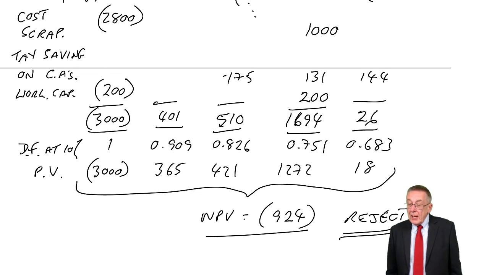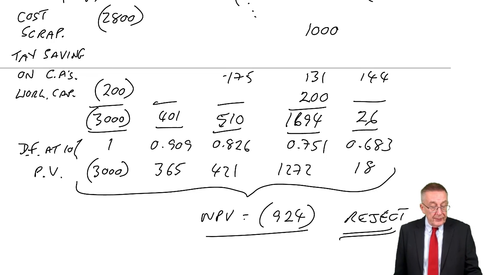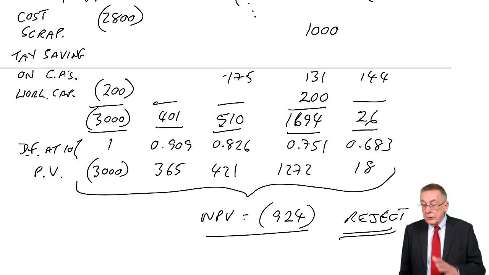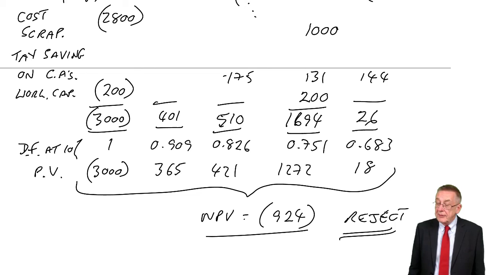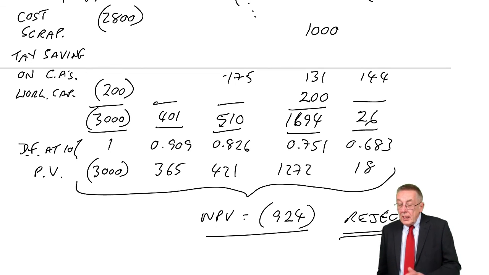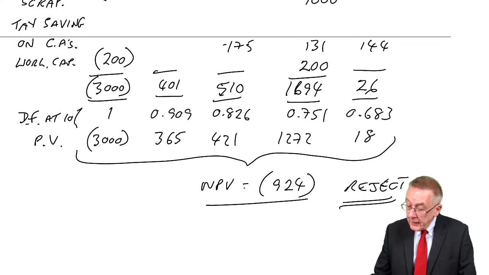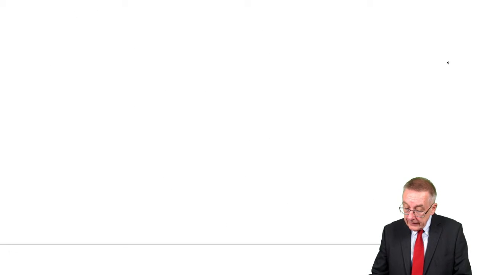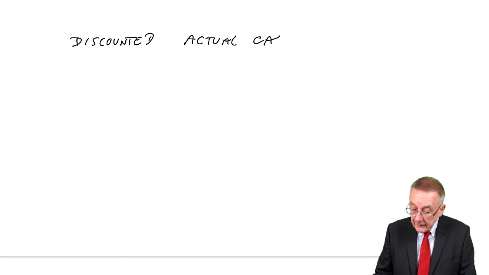Secondly, a bit of terminology, because of one other thing you could be asked to do relating to inflation. Do appreciate here that what we've done is we've discounted, as usual in fact, the actual cash flows at the actual cost of capital.